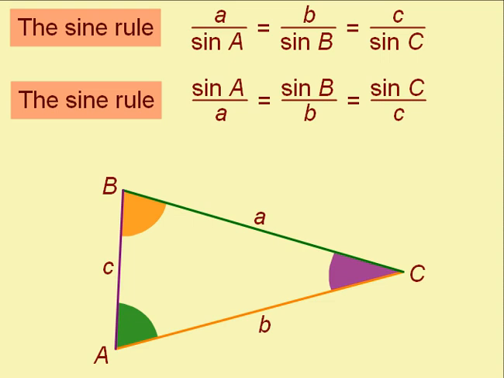Now, a really important point about the sine rule is that when you're doing a question, you only ever need two of these three things. So, for example, you might be using the A's and the B's, but you won't use the C's. Or you might use the A's and the C's, but not the B's. The two that you use will depend on the question that you're given.